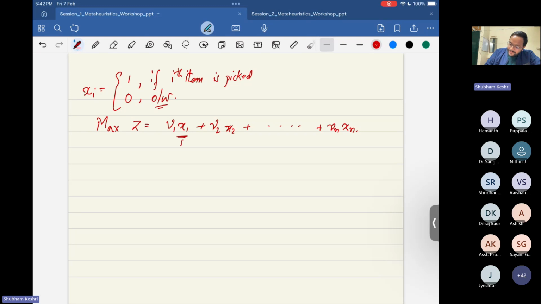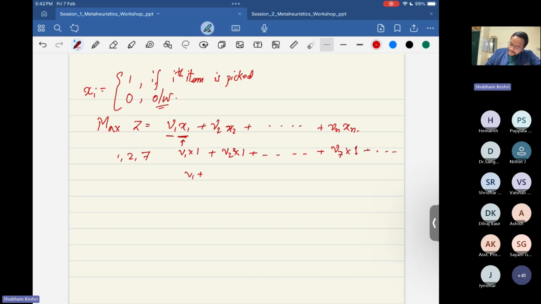So if item 1 is picked, x1 will take value 1 and he will have a value of v1. Similarly, suppose these three items, 1, 2 and 7, are picked. Then v1 will be multiplied by 1, v2 will be multiplied by 1, v3, v4, v5 will be multiplied by 0, v7 will be multiplied by 1, and all others will be multiplied by 0. So you will only have v1 plus v2 plus v7, right? This is the total value he is getting.